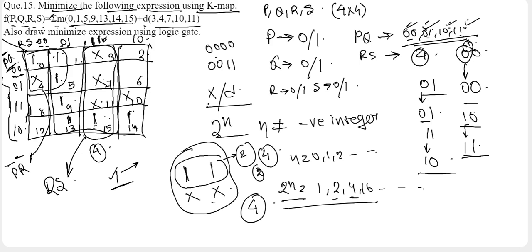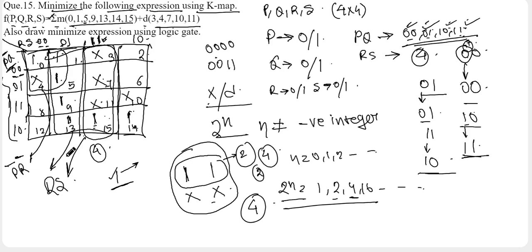This group only covers 4 bits, but if we take this larger group it will give us a total of 1 2 3 4 5 6 7 8, a group of 8 bits.